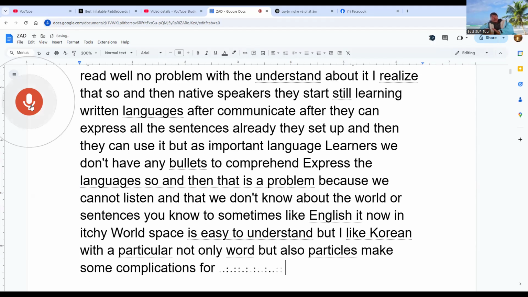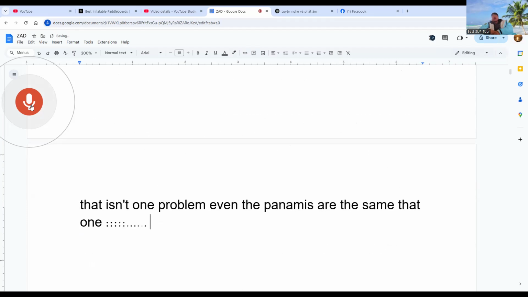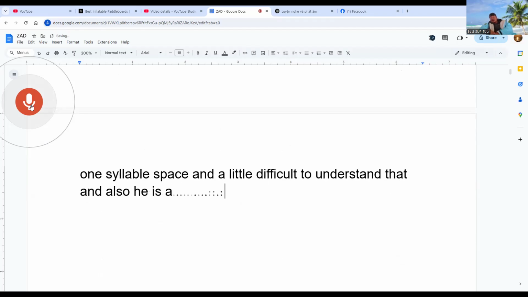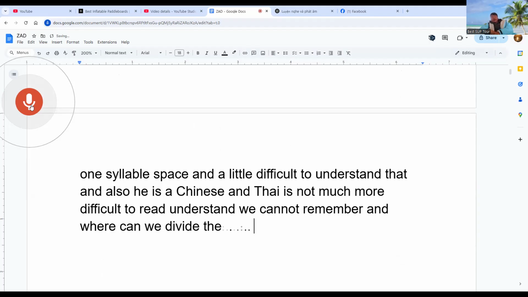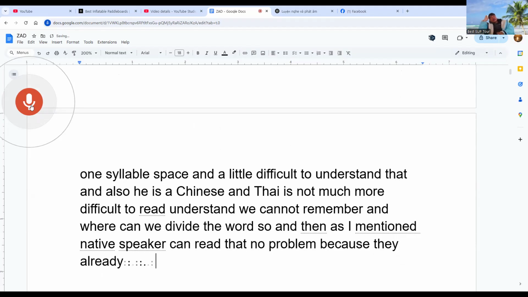That is one problem. Even Vietnamese learners say that the one-syllable spacing is a little difficult to understand, and Chinese and Thai are much more difficult to read and understand. We cannot remember where to divide the words. As I mentioned, native speakers can read that with no problem, because they already have the spoken language in mind.